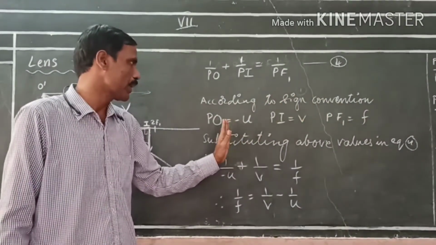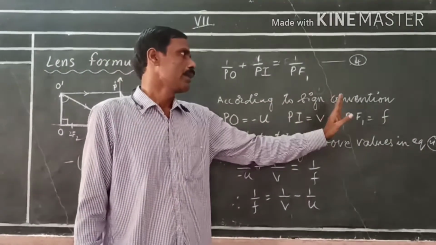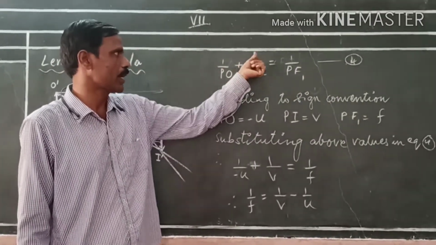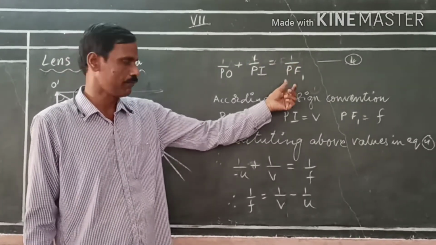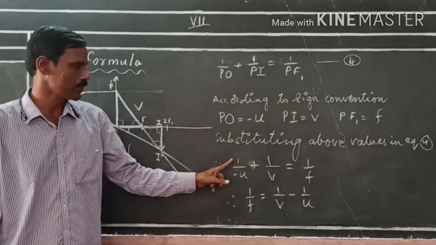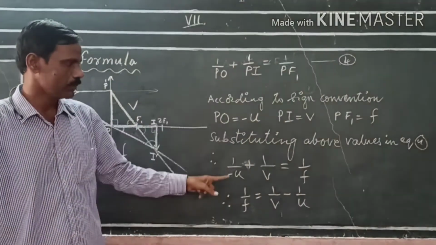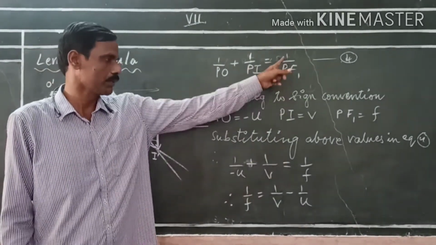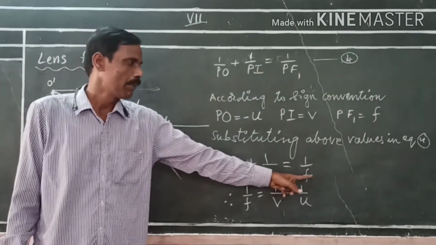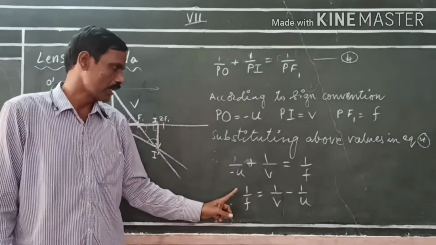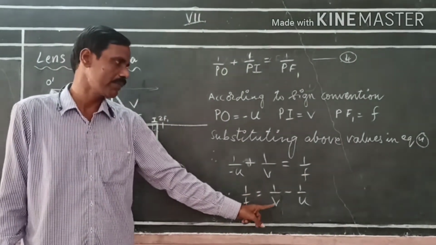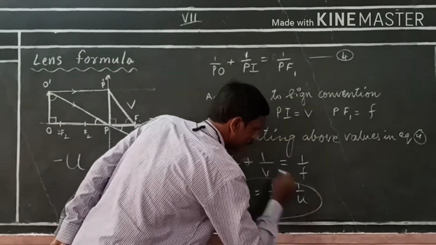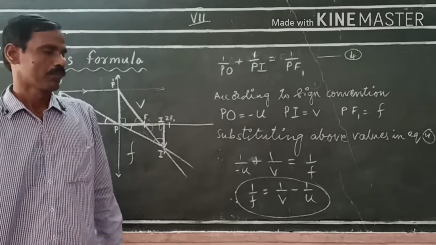By substituting PO, PI, PF1 in the above equation, 1/PO plus 1/PI is equal to 1/PF1, we get 1/(minus U) plus 1/V is equal to 1/F. By rearranging, we get 1/F is equal to 1/V minus 1/U. This formula is known as the lens formula.